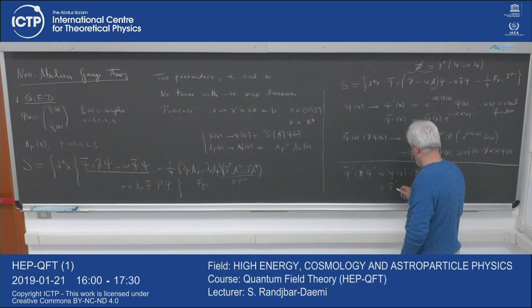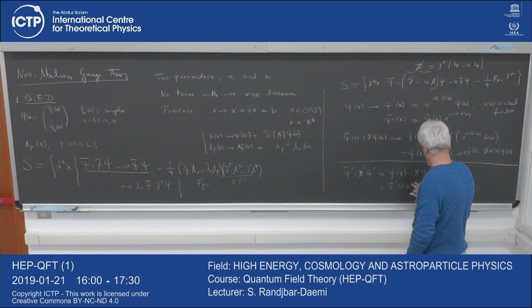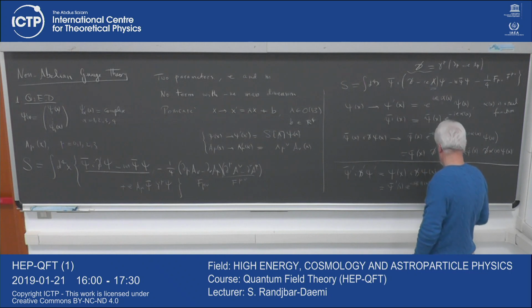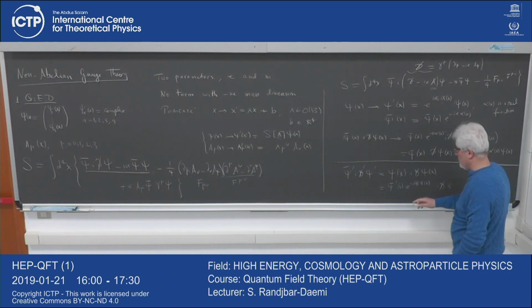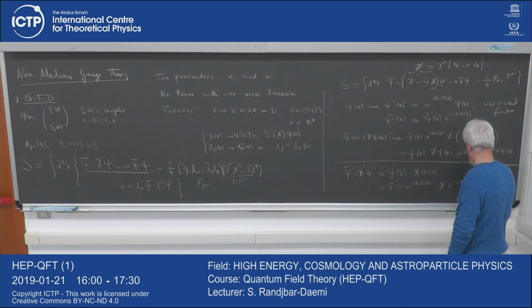So this is psi bar prime times exponential minus i e alpha x, exponential plus i e alpha x, i D slash, and this one is minus i e alpha x psi prime.